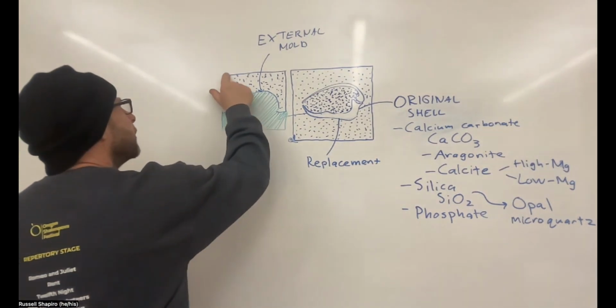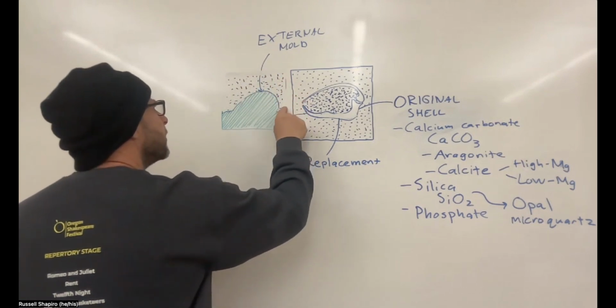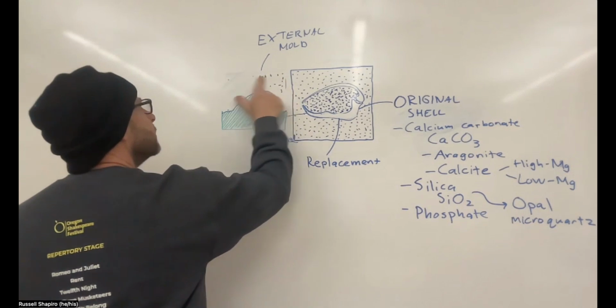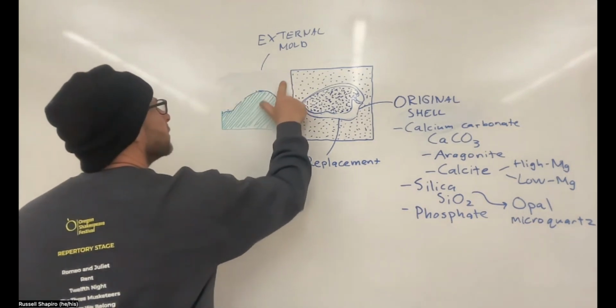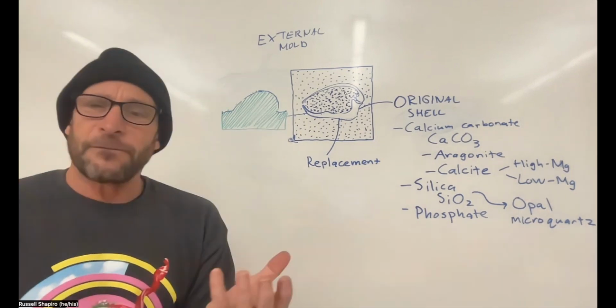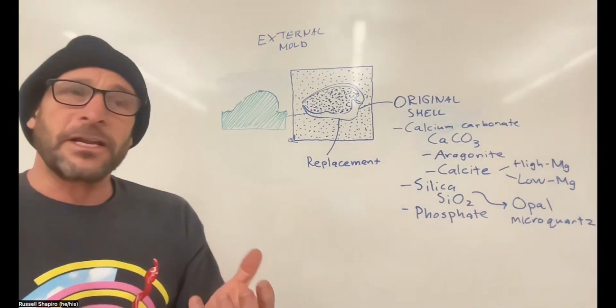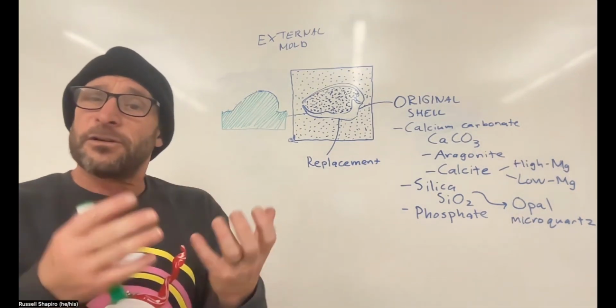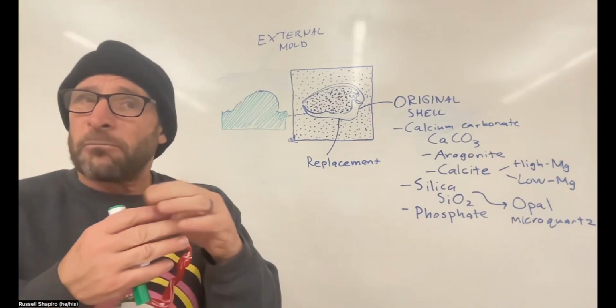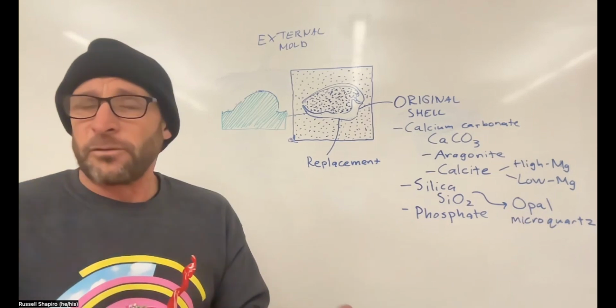Now we dissolve away the original external mold using the magic finger. And now if you found that fossil on the ground, think about it. It would look just like the original shell, at least the outer surface of that original shell. But what would have been shell isn't shell, it's dirt or it's cement.